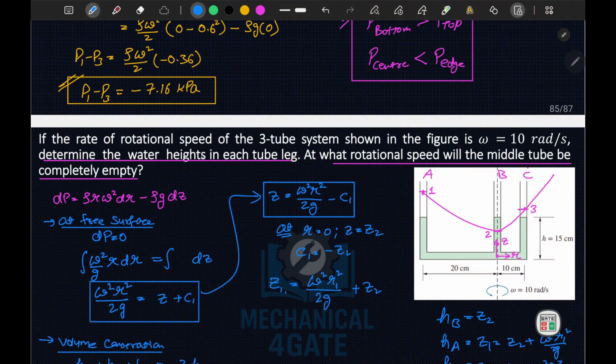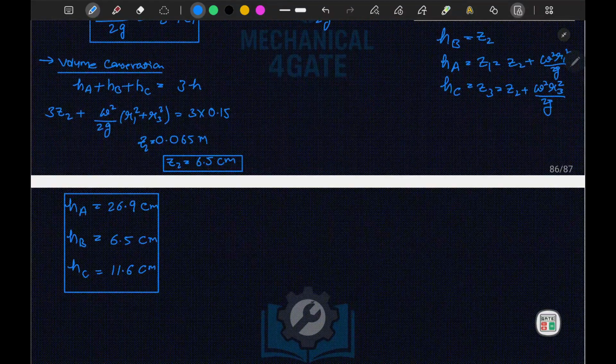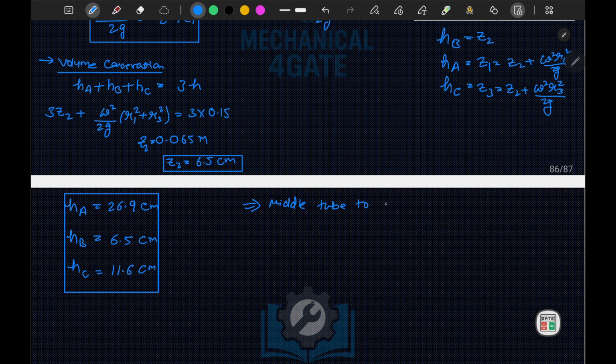Second is, at what rotational speed will your middle tube be completely empty? So the second point is saying that for the middle tube to be completely empty, what should be the case? Your Z2 is equal to 0.